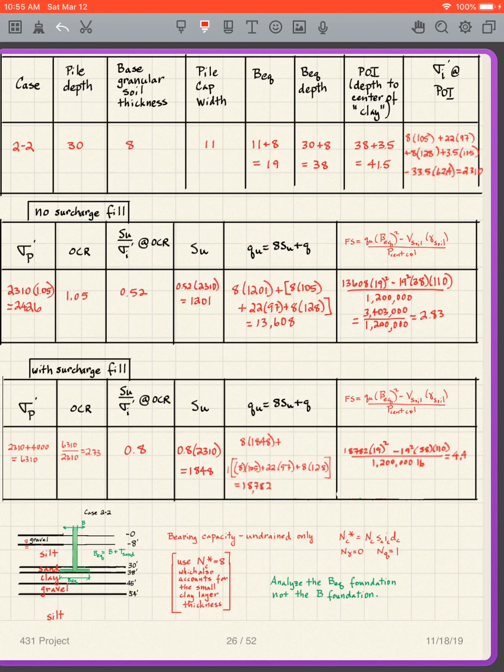So to get my factor of safety, FS, I'm going to take the QU times the B equivalent squared, the area. We're assuming that this is square, has a square footprint, and we know that the B equivalent is 19, so it's 19 squared.